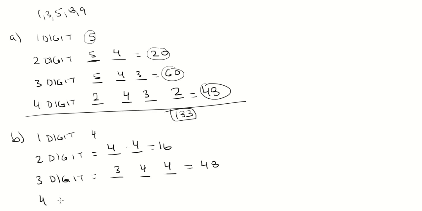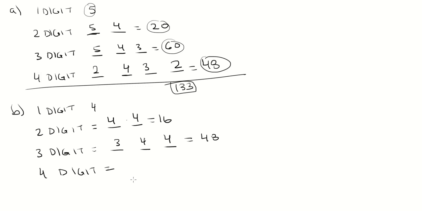And then for a 4-digit, we need to be careful again because there's going to be 2 cases really. Either the first digit is 1, or the first digit is a 3. So that's going to be 2 choices here. So basically, we start off with 4 odd digits.